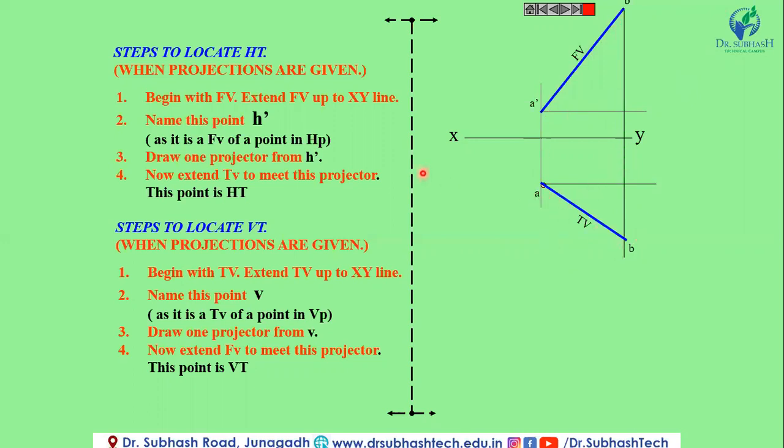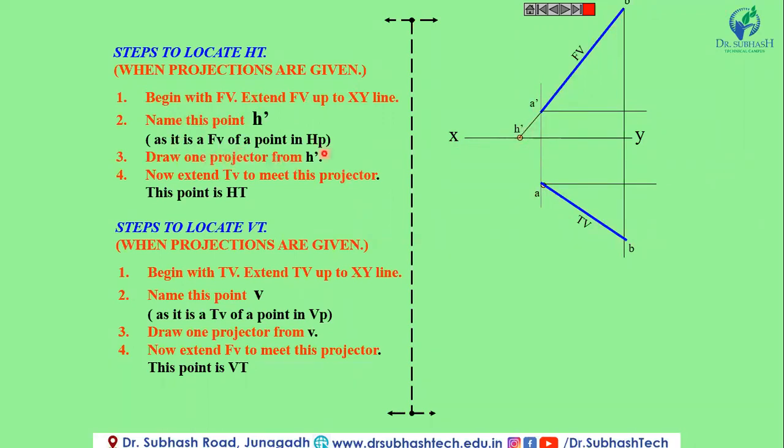Now we have to locate the HT. Begin with the front view and extend A dash B dash up to the XY line. The intersection with the XY line is called H dash.